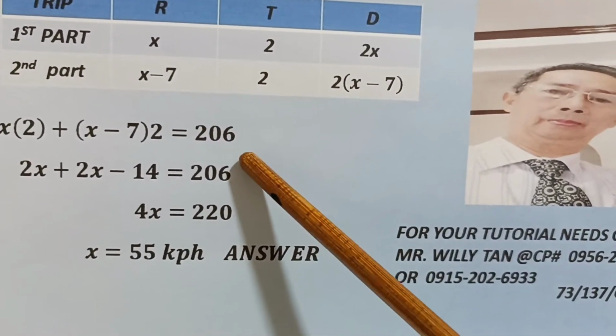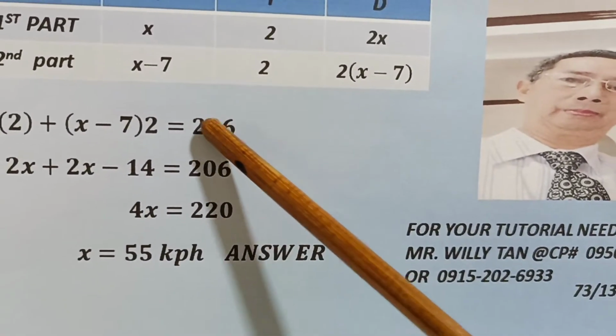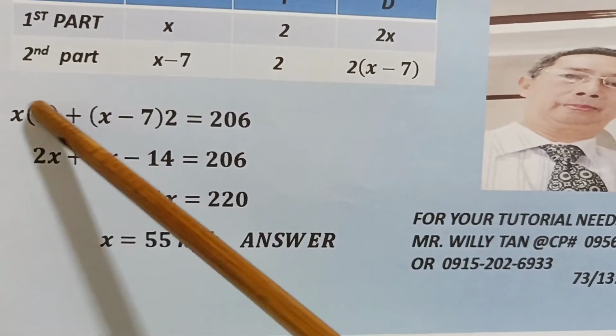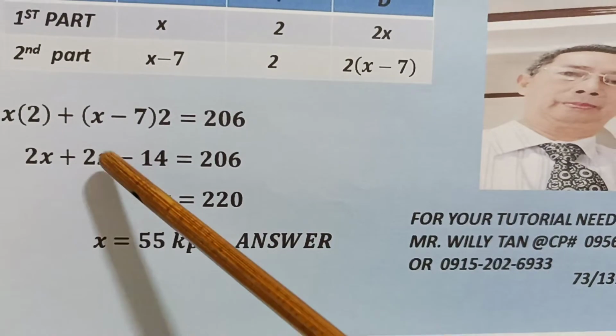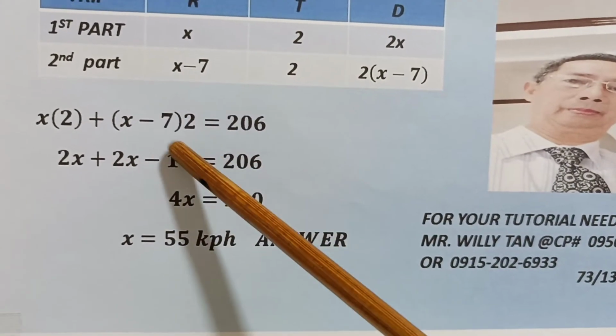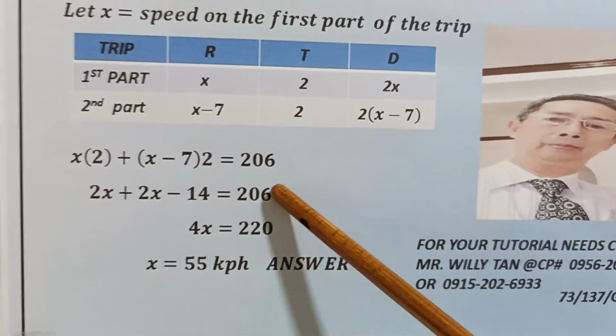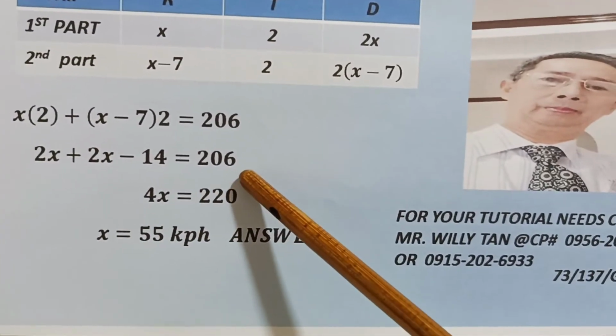The total distance is 206. So we distribute: 2 times x is 2x, and 2 times negative 7 is negative 14. So the total is 206.